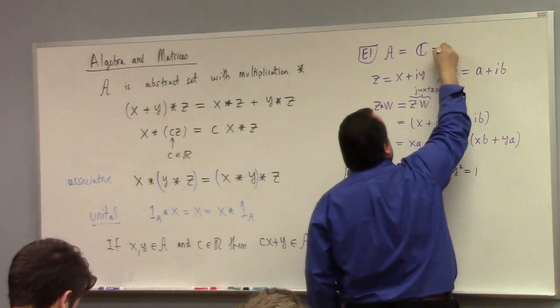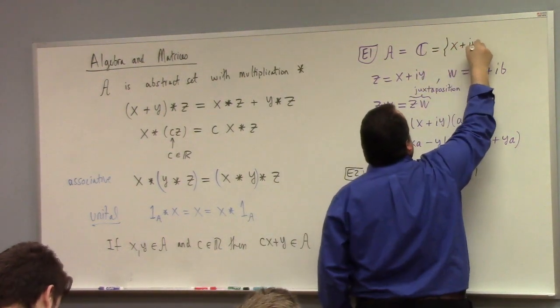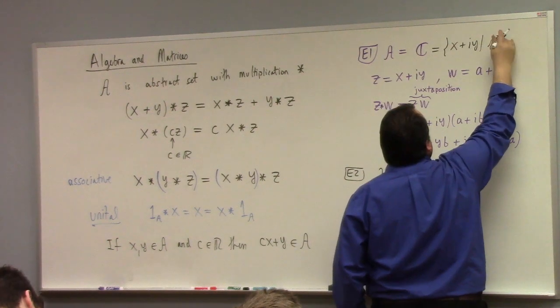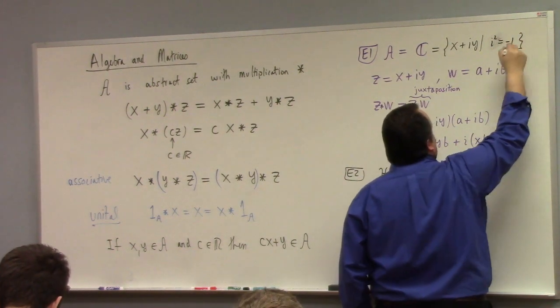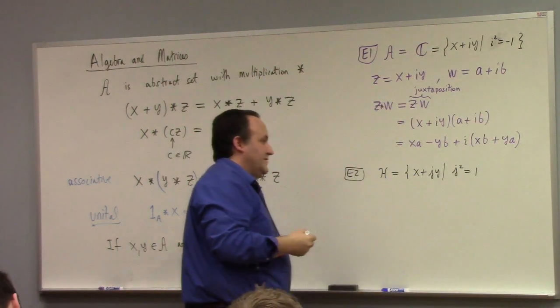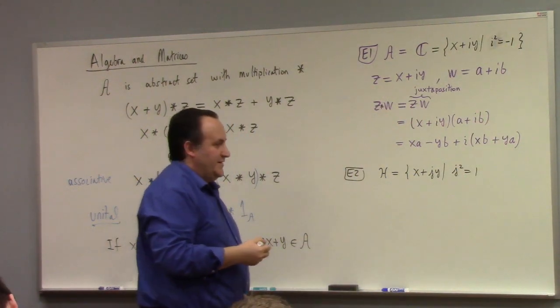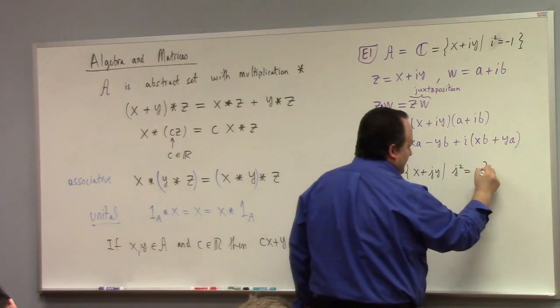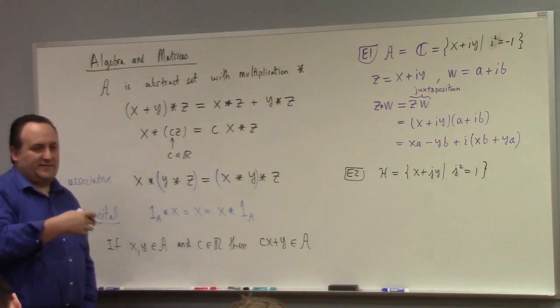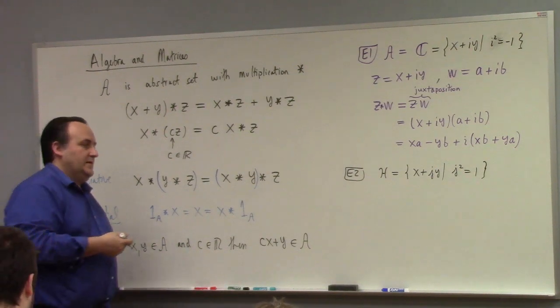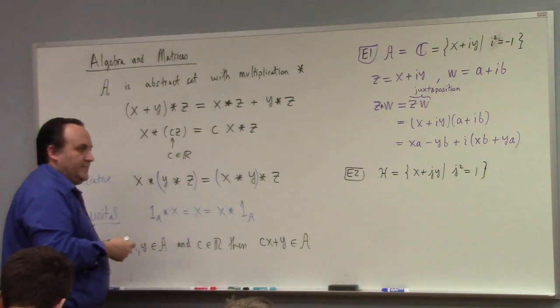See, this you could say x plus iy such that i squared, oops, my bad, i squared is equal to minus 1. Now I realize you electrical engineers, your j squared is equal to minus 1, but your j is not my j. In fact, j has different meanings in different examples for me. But here j squared equals 1.